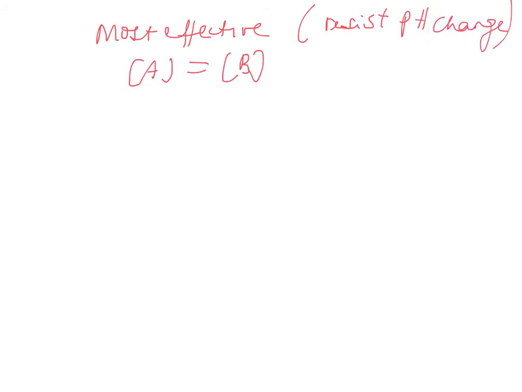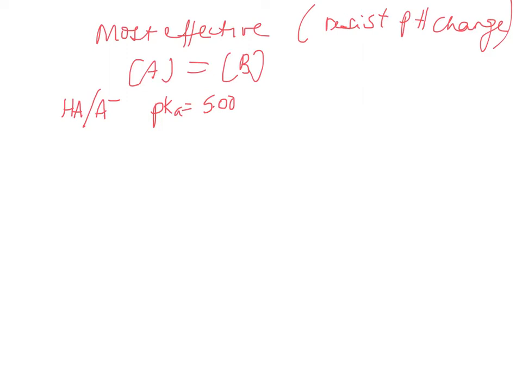Okay. I want to explore this idea by considering the behavior of a generic buffer which contains some weak acid, maybe HA, and its conjugate base A-, with a pKa of maybe 5.